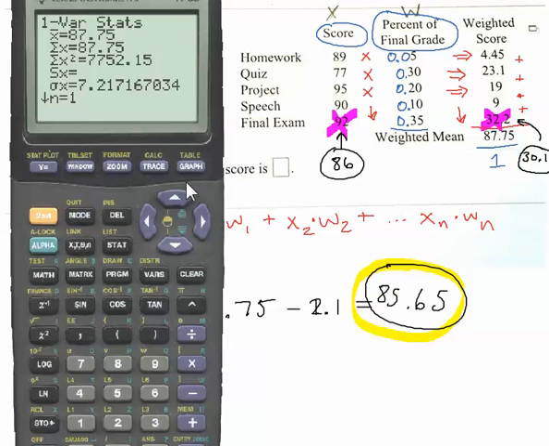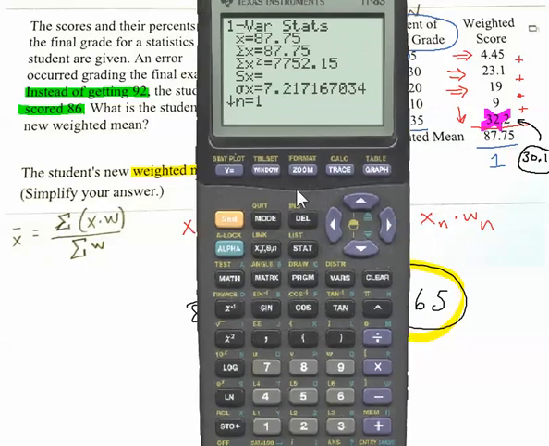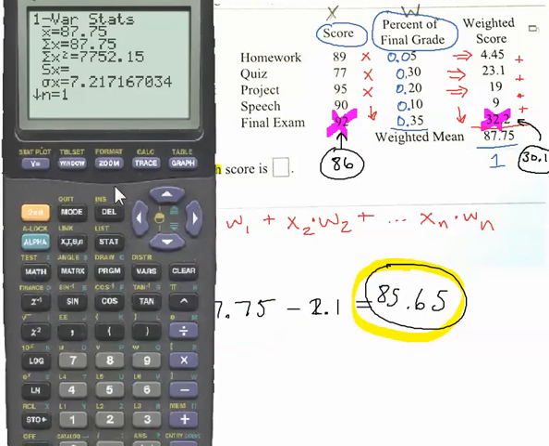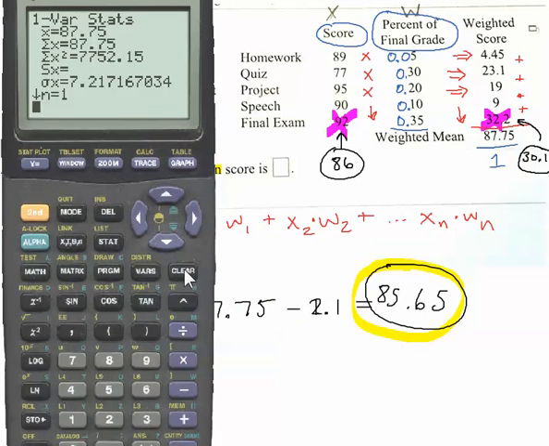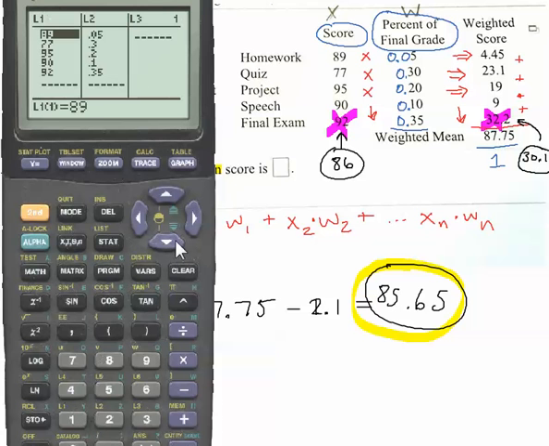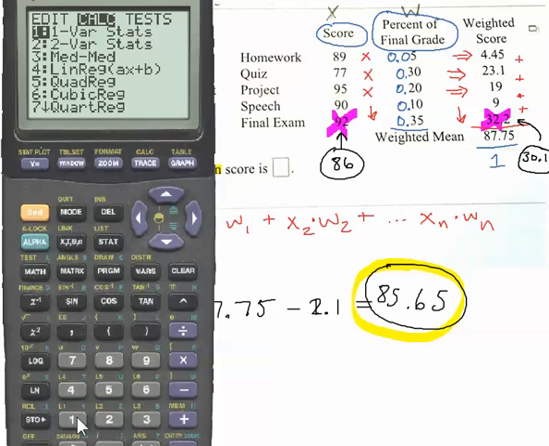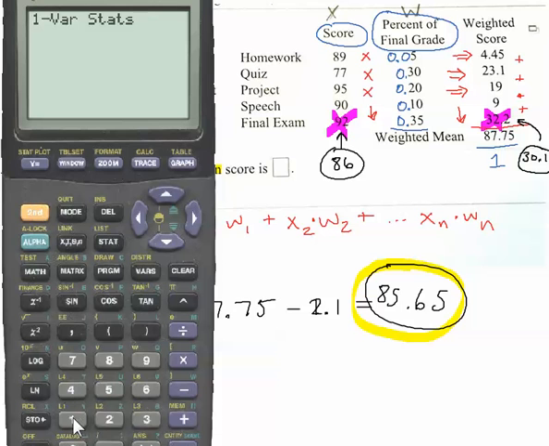If I want to find out what it would be instead if it was not a 92 but an 86, it's as easy as going right back to the list, stat, okay, choose edit, change the score, go back to the main screen, stat, calculate, one variable statistics, list 1 and list 2.